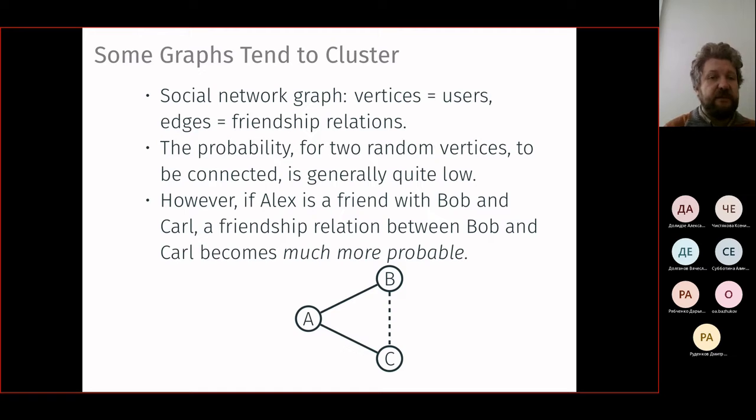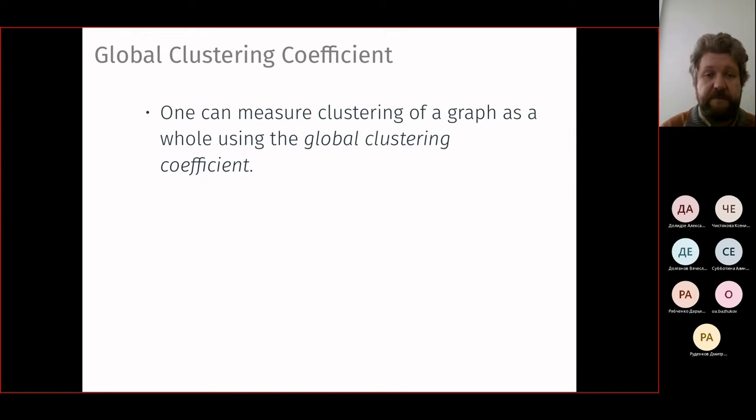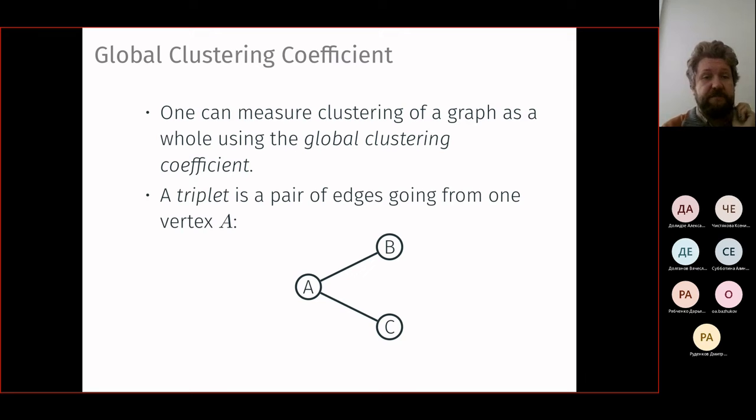And this is the clustering. The idea is that if you are connected to something, then you more probably tend to be connected among yourselves. This is measured by the following global clustering coefficient.